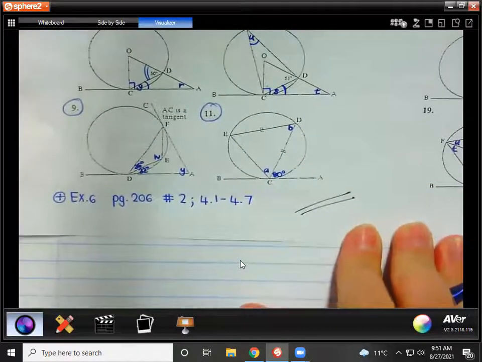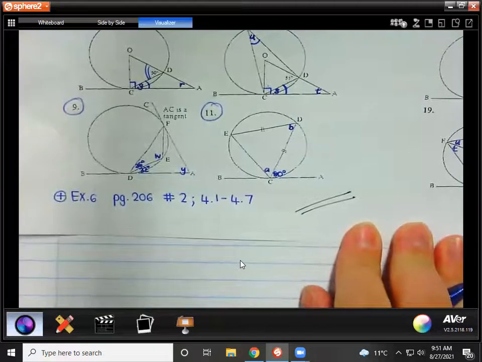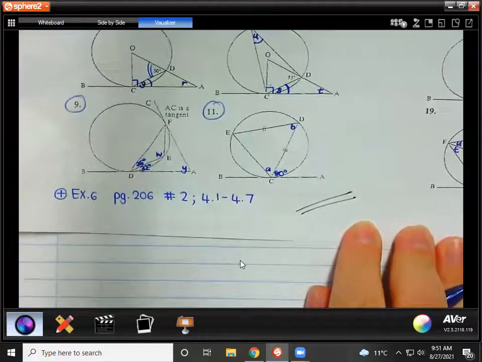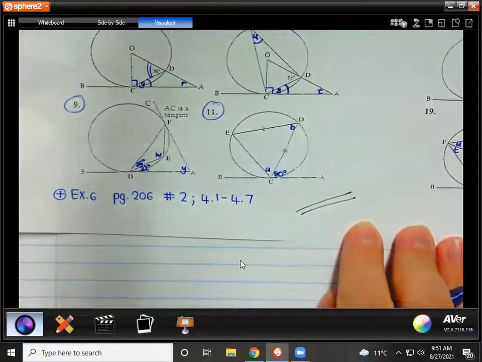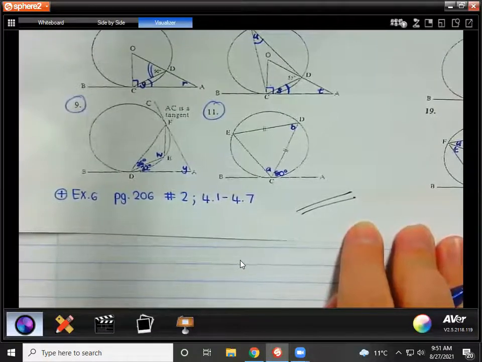And those questions, please, from exercise 6 in the textbook. So in all of these questions, you are still working with values.